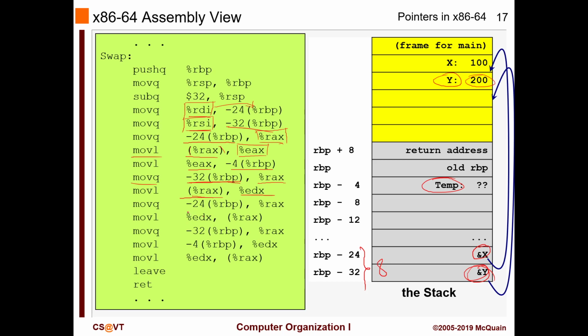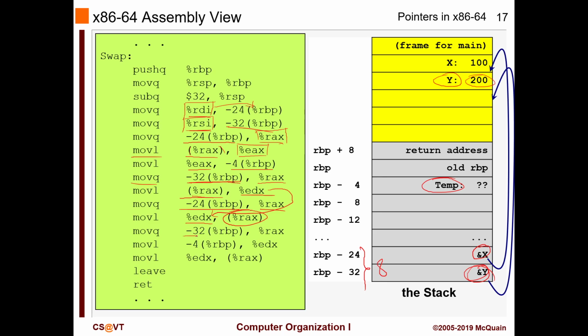Then we are going to get RBP again and put it into RAX, and then we are going to get the value of what we put here, the value of Y, and put it inside whatever is being pointed to here, which is X.